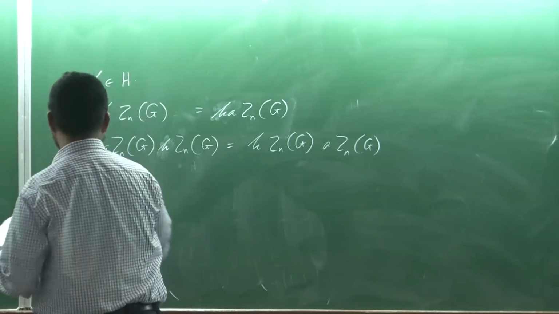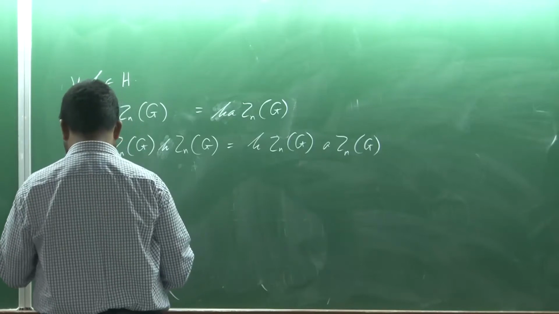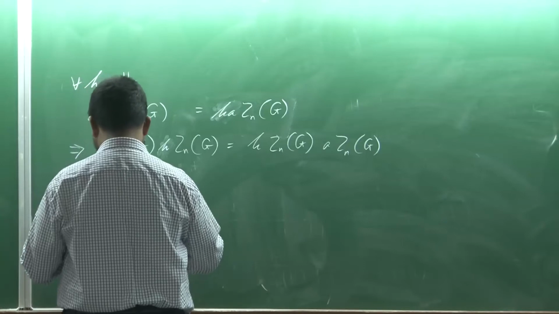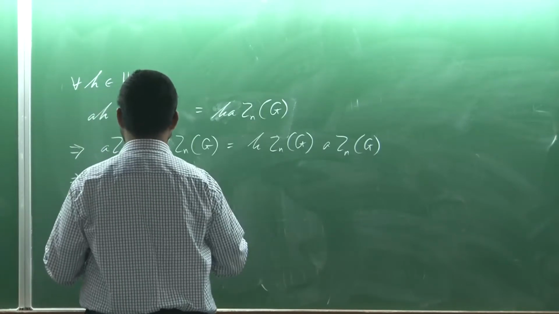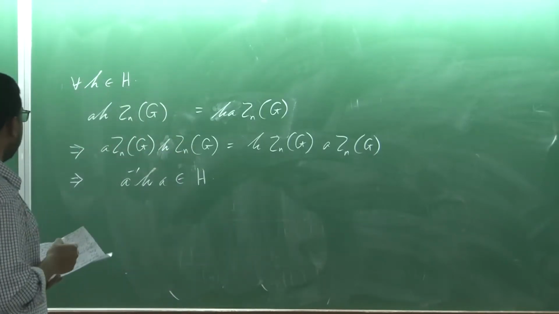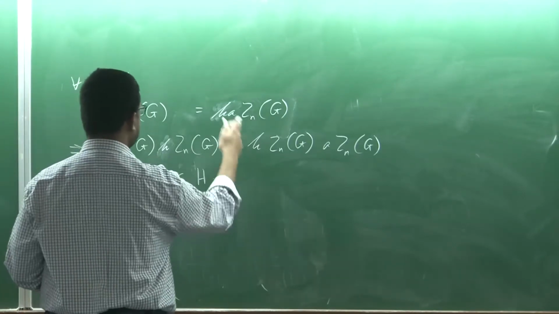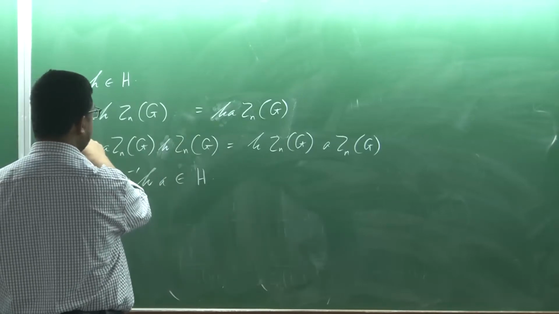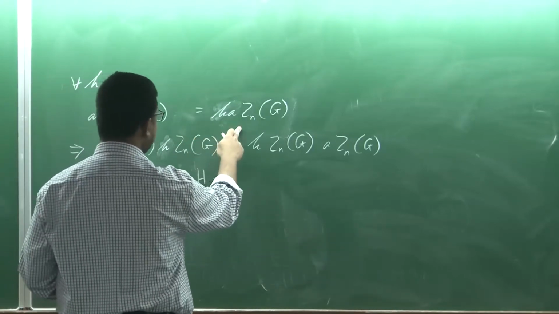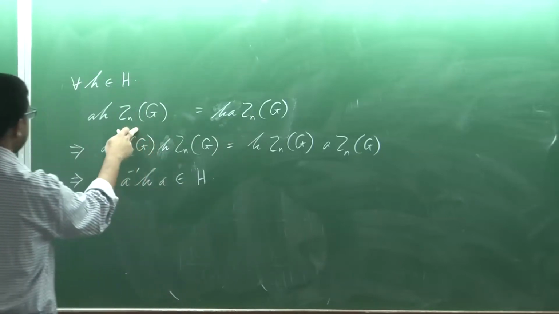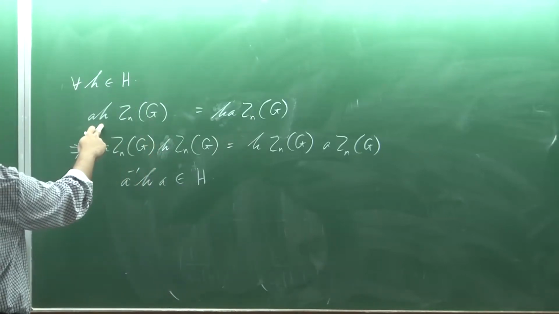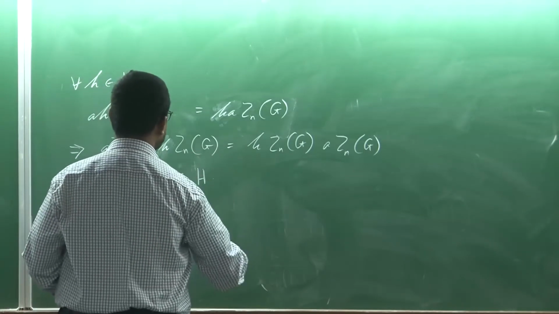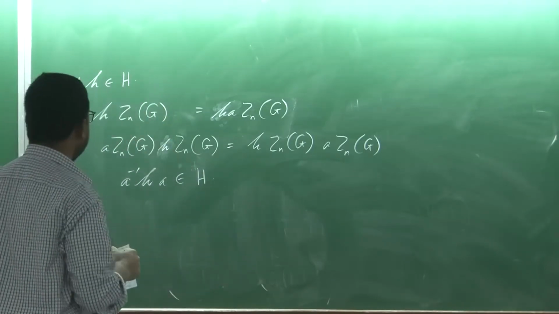So Z_nG is contained inside H. So hence we obtain that A inverse hA lies in H. Yes, this is what we have because of this, and hence A inverse hA will be contained inside hZ_n.